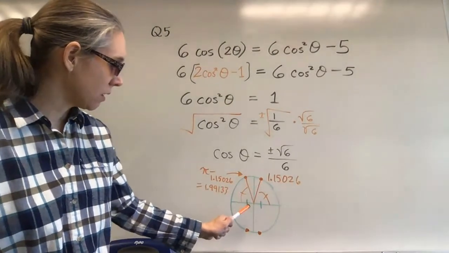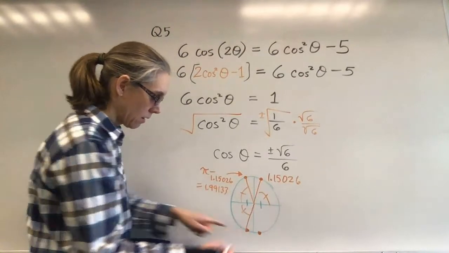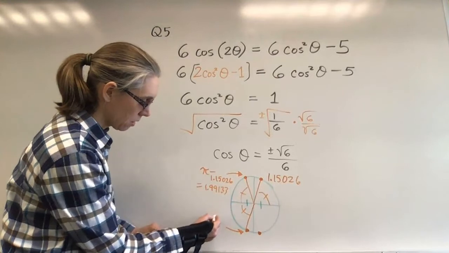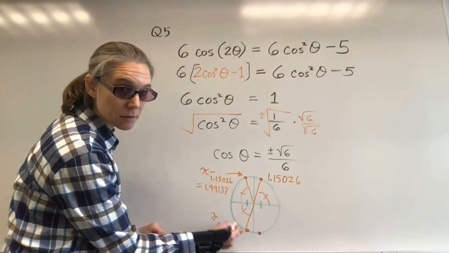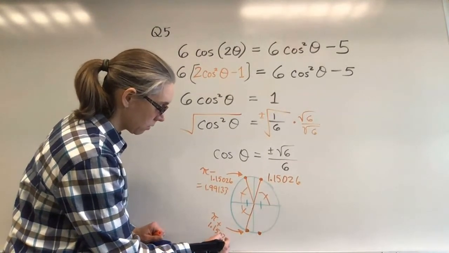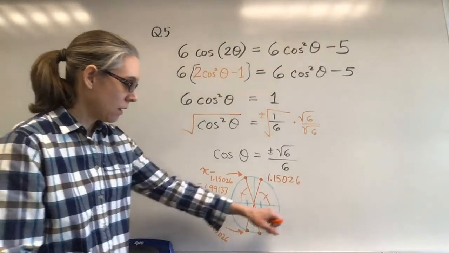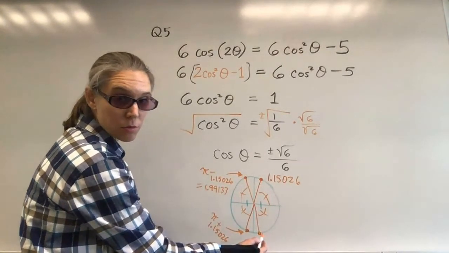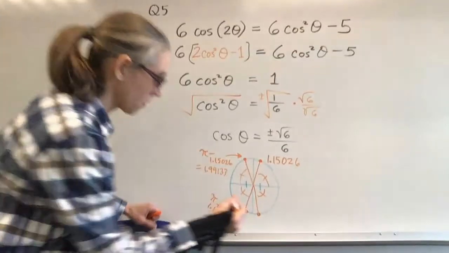So getting down to these next ones, how do we get this one down here? Well, this one right here is going to be, here's pi, remember, so this would be pi plus 1.15026, and then this one over here, here's 2 pi, and working back from 2 pi, can you see the bottom of this right here?